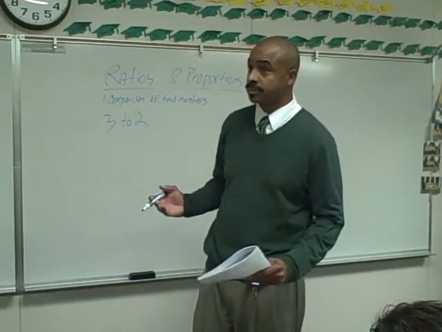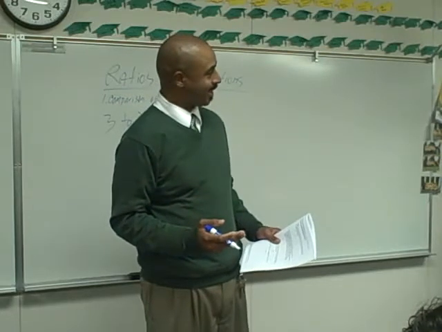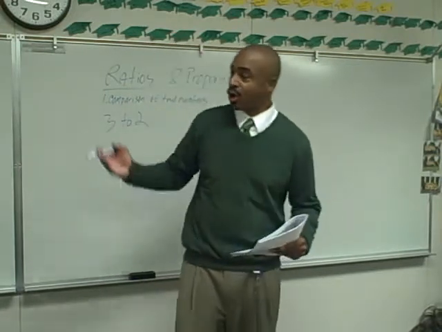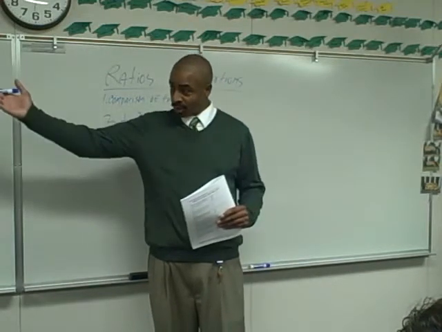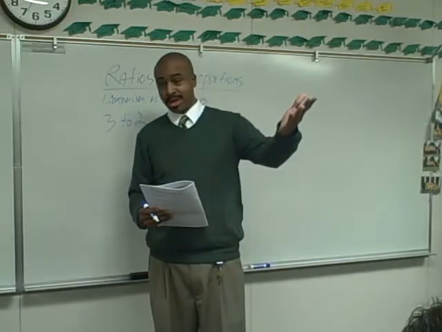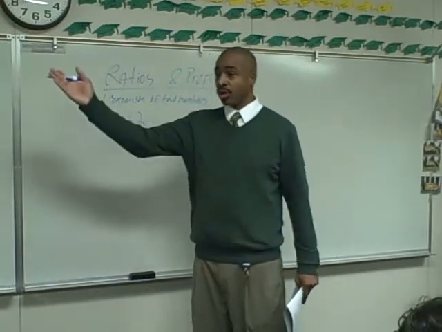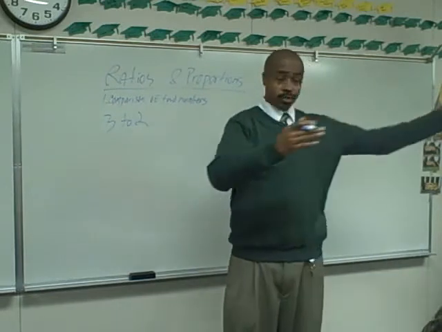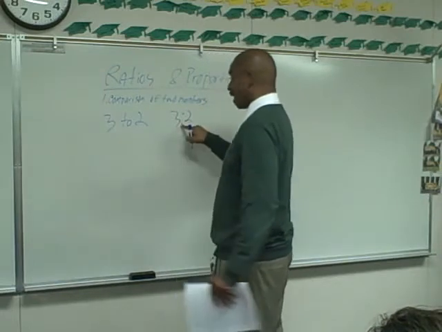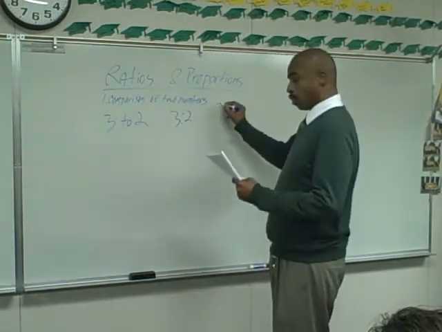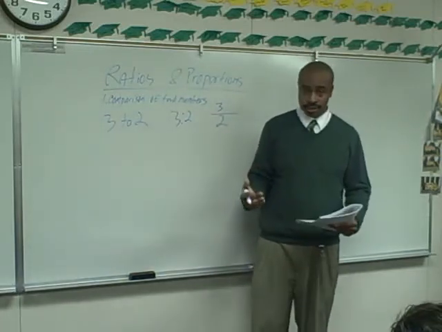There are 3 tall gray cabinets to 2 windows in this room, right? One gray cabinet there, one right there. That one doesn't count because it's brown, and that's the third one. So there's 3 tall gray cabinets to 2 windows in the classroom. So you can write that as 3 to 2. You can write it with the colon, 3:2, or you can write it as a fraction, 3/2. So a ratio is a comparison of 2 numbers.